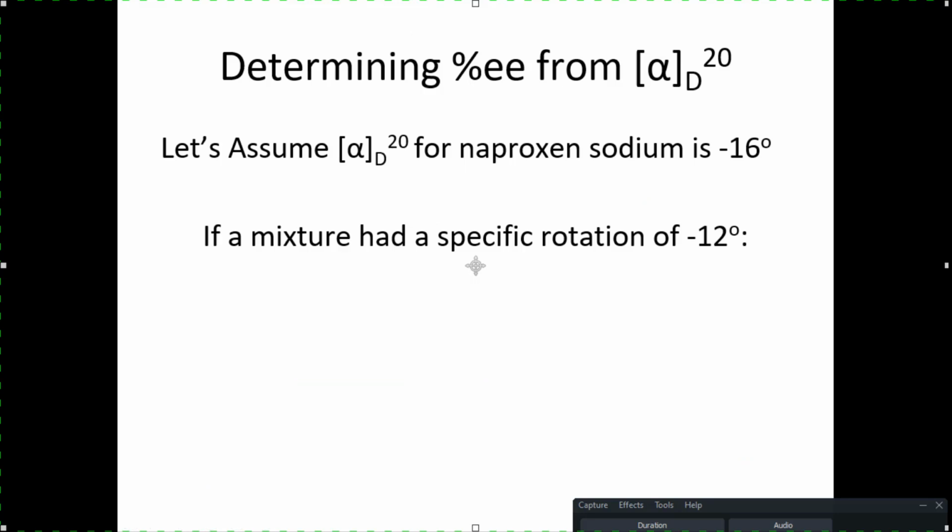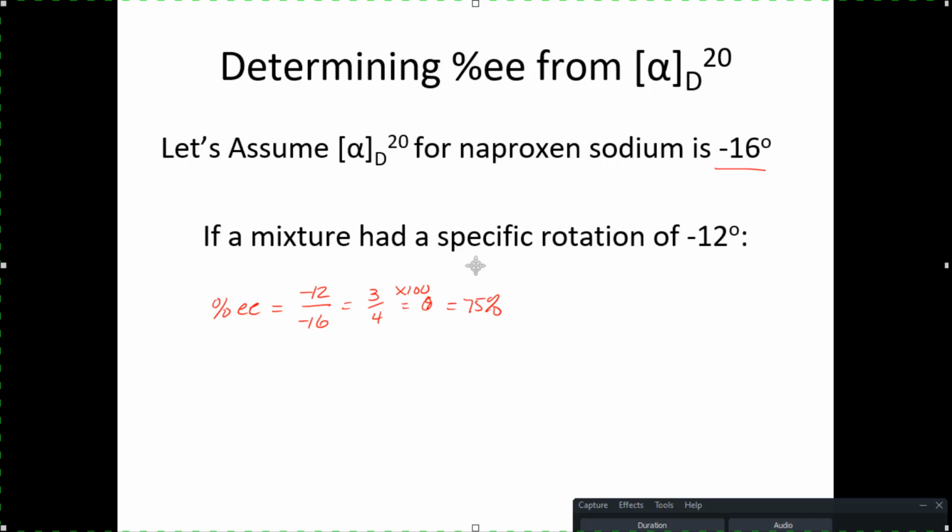So if I had a literature value of minus 16 for naproxen sodium, and I measured minus 12, my percent enantiomeric excess would be minus 12 over minus 16, which is 3 over 4, which is 75%. Times 100 would give me 75% enantiomeric excess.